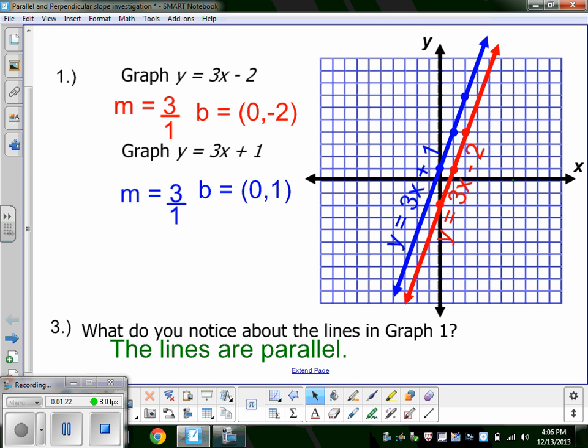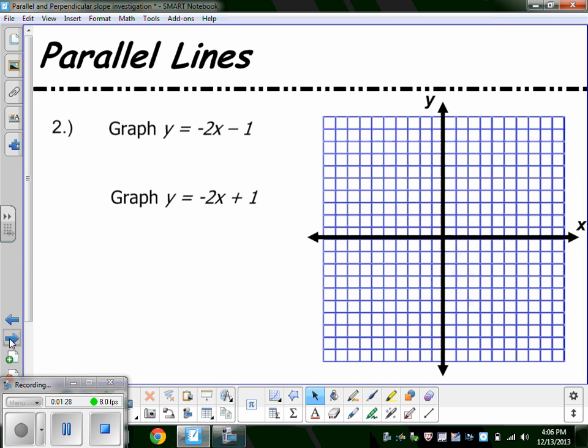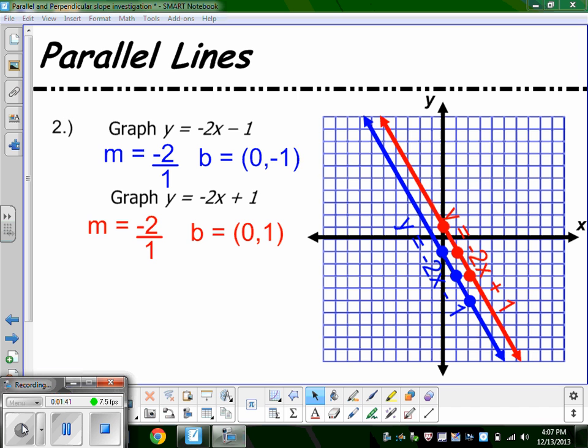Let's take a look at the second set of lines. We are given y equals negative 2x minus 1 and y equals negative 2x plus 1. Once again, pause your video to graph the two equations. Just like in the previous example, take a close look at both of these lines.